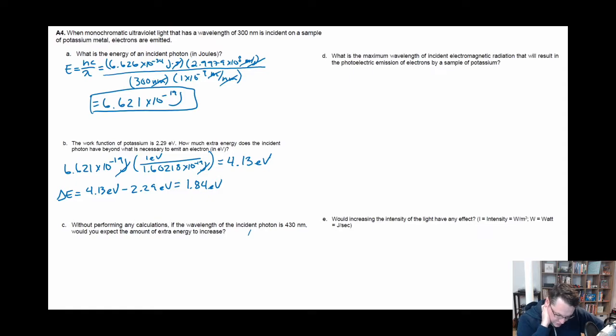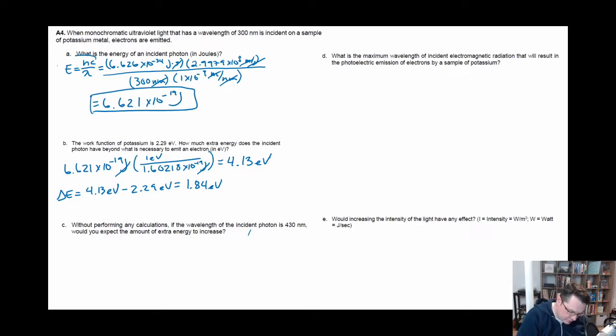Without performing any calculations, if the wavelength of the incident photon is 430 nanometers, would you expect the amount of extra energy to increase? As I've talked about in other sections, the higher the wavelength, the lower the energy. There's an inverse relationship between energy and wavelength, so if you're comparing two different photons or light sources, the one with the lower wavelength has the higher energy, and the one with the higher wavelength has the lower energy.